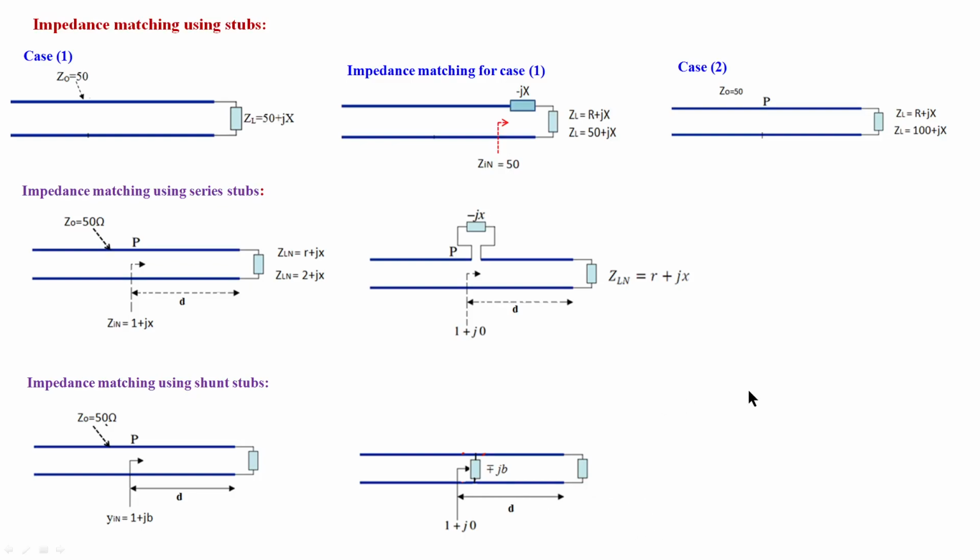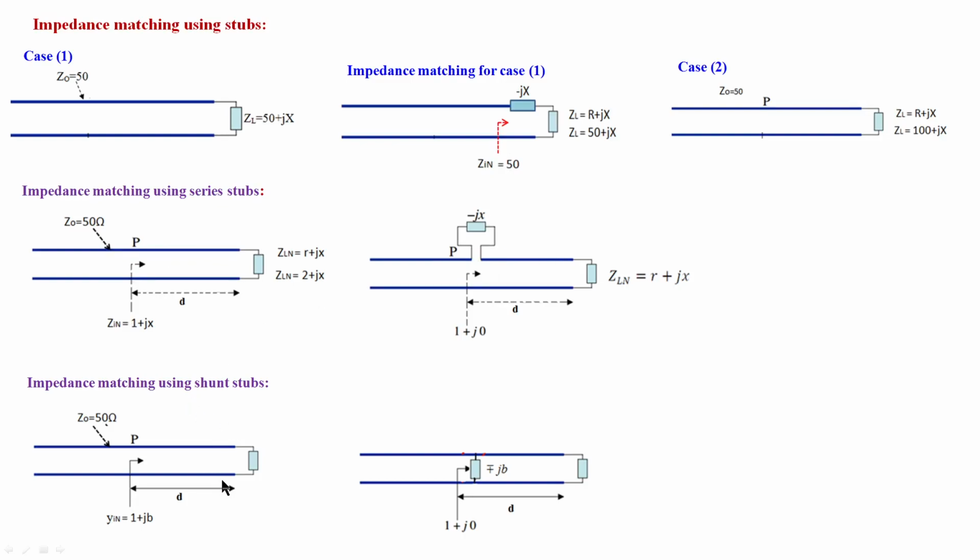So instead of connecting a component next to the load, consider the case where the real part is other than 50. If the real part is the same as Z0, we can connect the opposite reactance and get a match. But if the real part is not the characteristic impedance, then instead of connecting this reactance next to the load, just go on moving until you reach impedance in this form, and connect an opposite reactance in series.